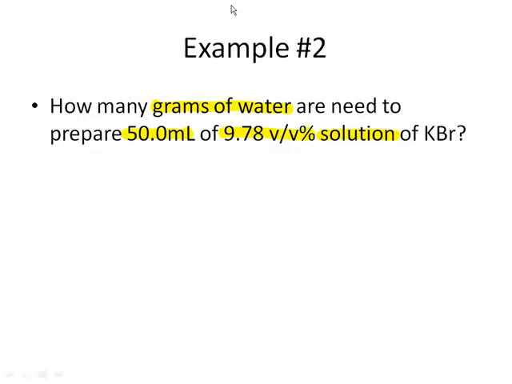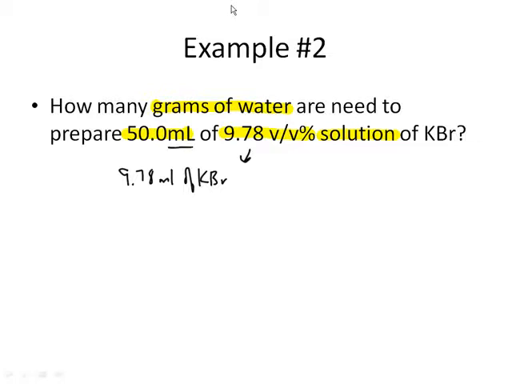So let's take our percent out and look at its unit conversions. We just learned that we can write this as 9.78 milliliters of KBr. I'm choosing milliliters because I've got milliliters here.